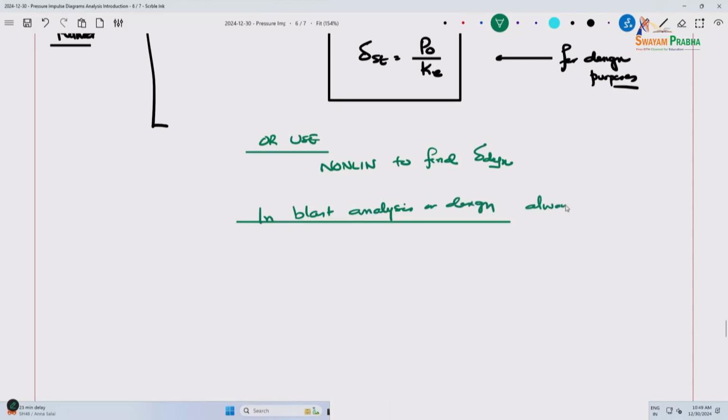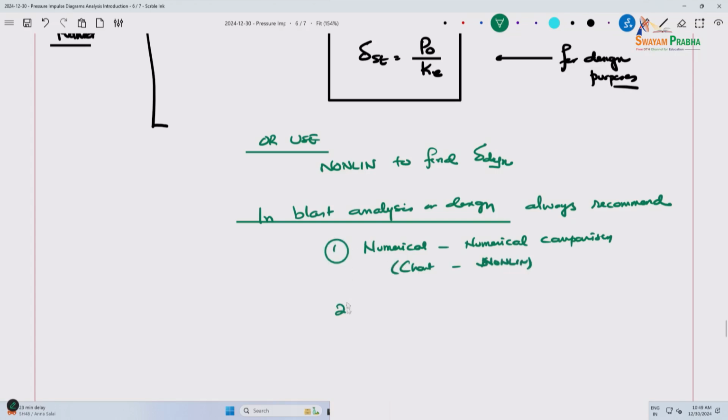I don't think you'll find this in any book or anything like that. My personal recommendation is to do either a numerical to numerical comparison, such as the chart to nonlinear, or this is one example, or do a numerical to analytical, which is the equations comparison.